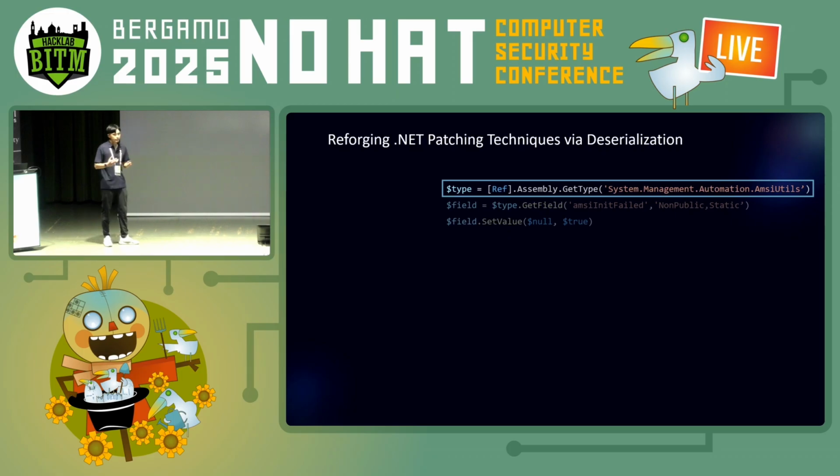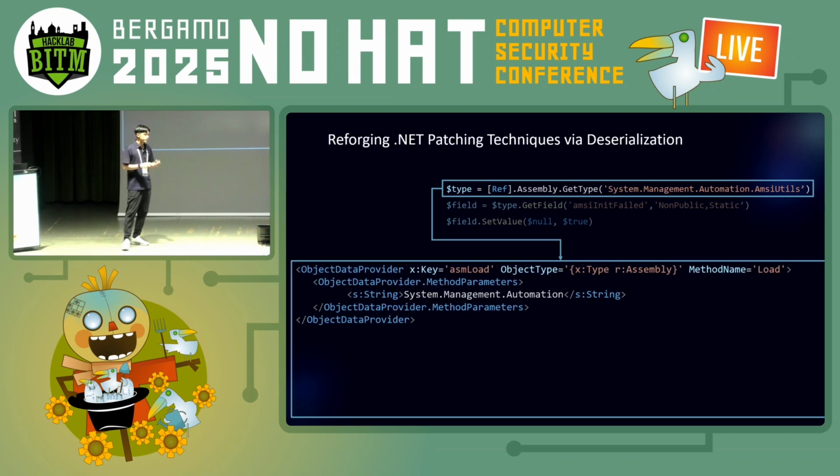So here is a payload, and we will convert it into a gadget. First, we use an ObjectDataProvider gadget, because ObjectDataProvider has everything we need to call arbitrary functions. As you can see here, we use Assembly.Load to retrieve the System.Management.Automation namespace.